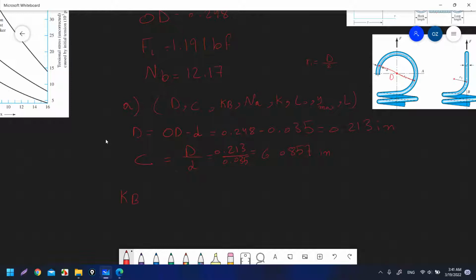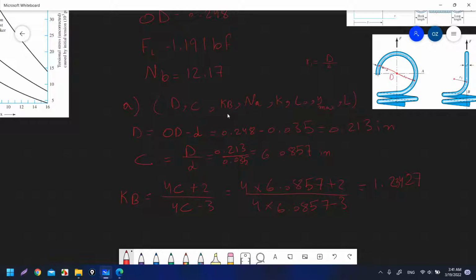Okay, so KB is equal to (4C plus 2) over (4C minus 3), which is (4 times 6.0857 plus 2) over (4 times 6.0857 minus 3). Okay, this will give you 1.23427.